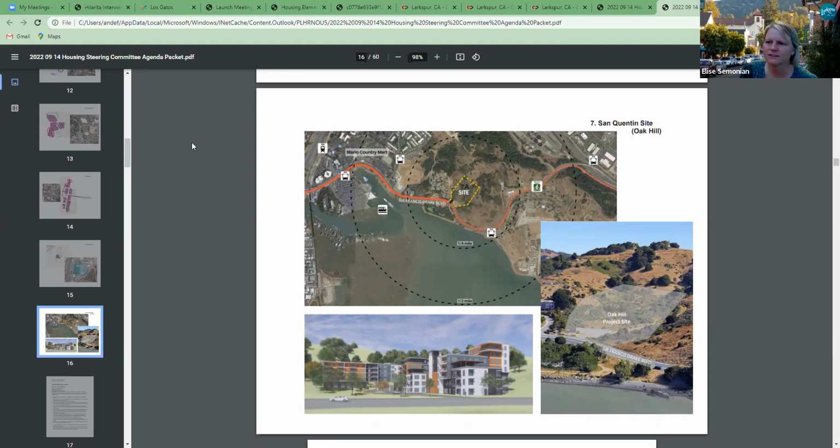I haven't been here long enough to know what the conversations were before I was here. It's my understanding that there's interest in annexation because all of the services would be much more convenient coming from the city of Larkspur in terms of police and fire, because we'd be closer to response.